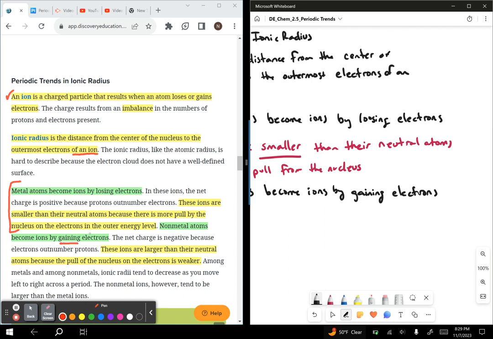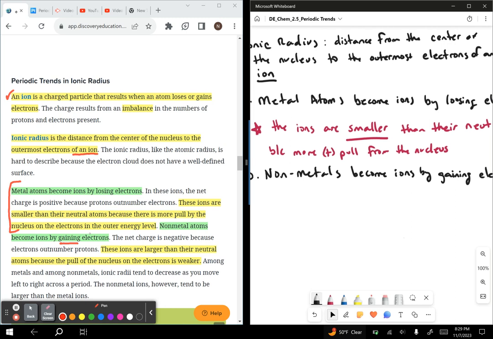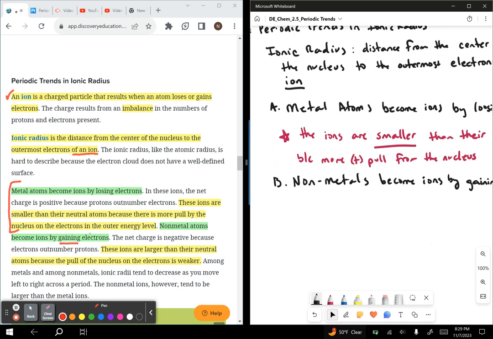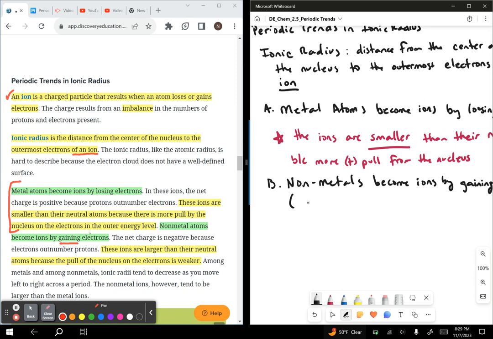And in so doing, they're going to have an imbalance. They're going to become more negative. More negative, what we call an anion.